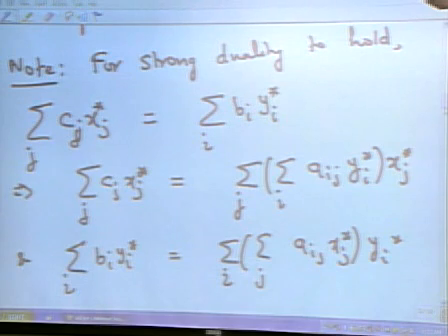So if you put x star and y star, which are optimal solutions to the respective problems, then strong duality says the objective values are the same, and we derived a chain of inequalities for the weak duality theorem. If strong duality has to hold, then this has to hold as an equation, and this has to hold as an equation. These two are inequalities in the proof of the weak duality result.